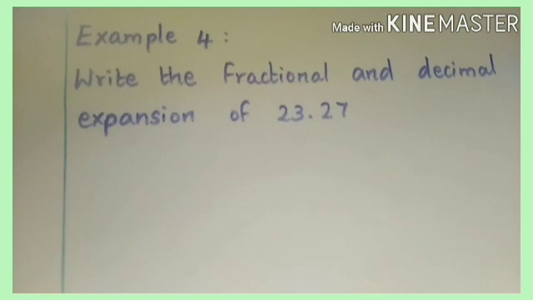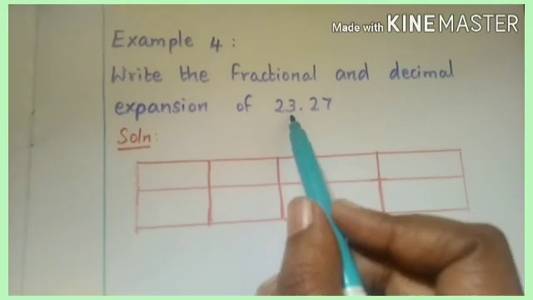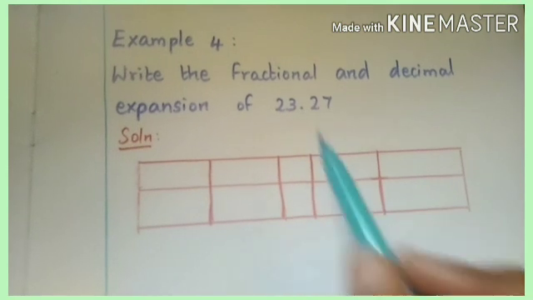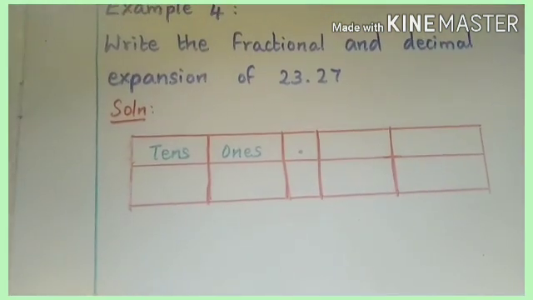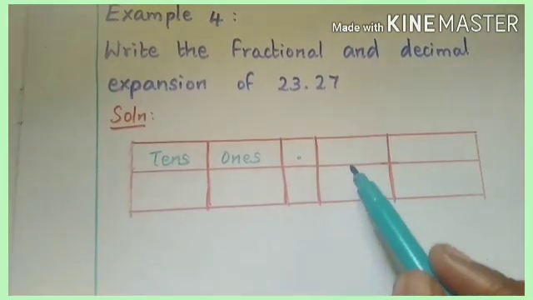First, draw the place value chart. In the whole number part, there are 2 place values. So write ones and tens. In the decimal part, there are 2 decimal places.